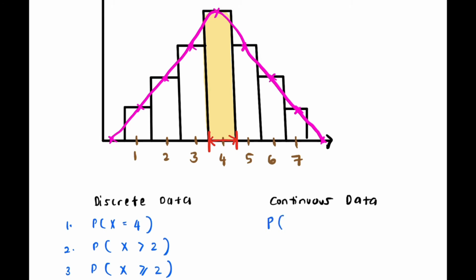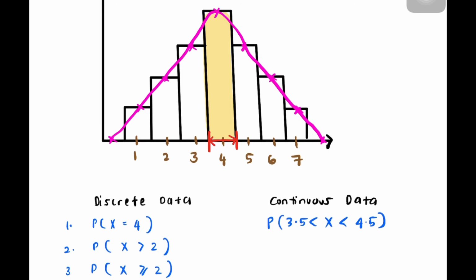You can have the probability of x from 3.5 up until 4.5. This is how you use the continuity correction method. It doesn't matter whether you have the equal sign or not, because normal just covers area under the curve. So the area under this curve is from 3.5 up until 4.5.